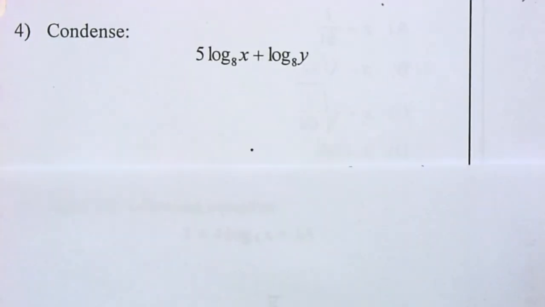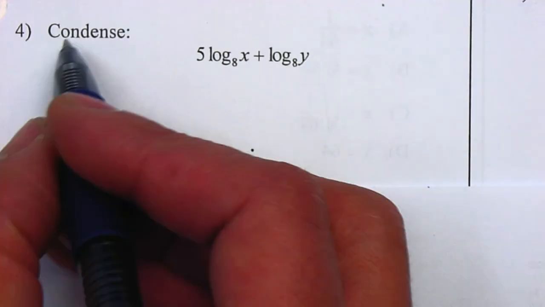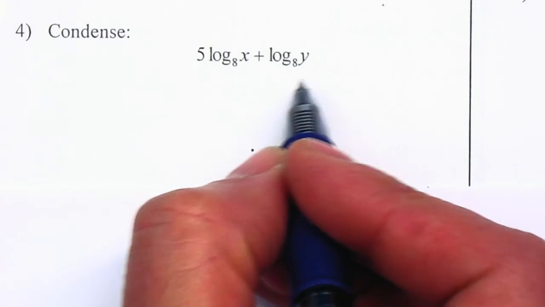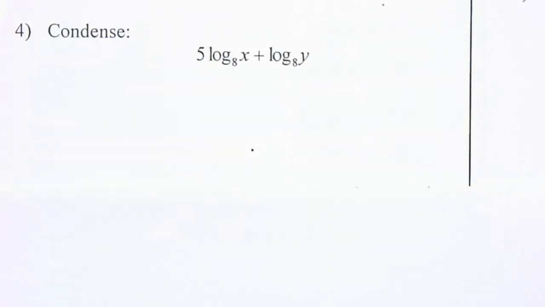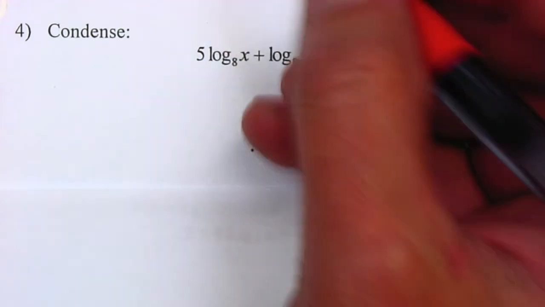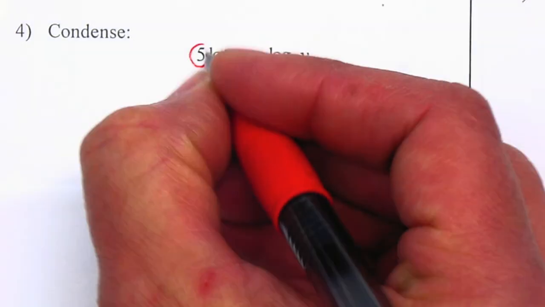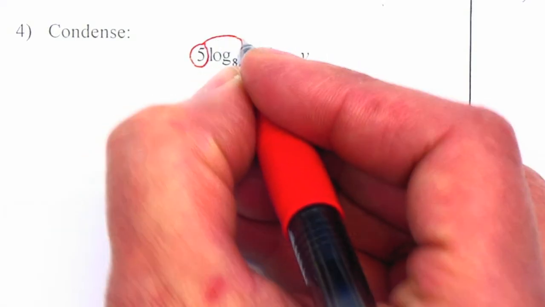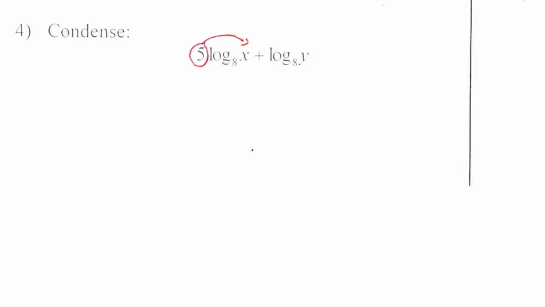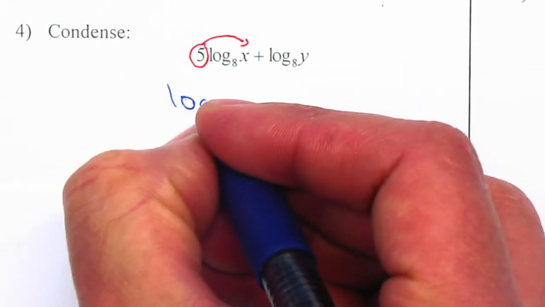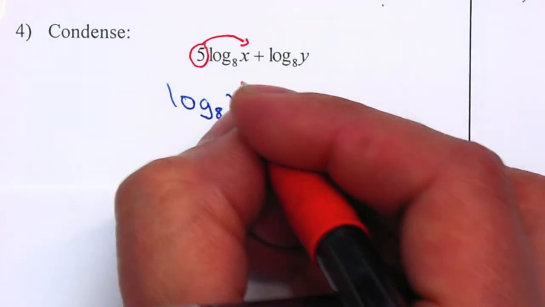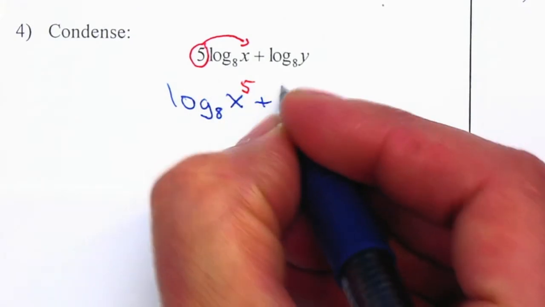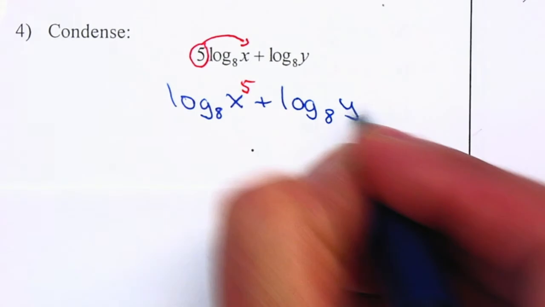On problem number 4, we need to be able to condense it. We have 2 logs. We need to condense it into 1 log. First thing, we're going to do the opposite from what we did before. We want to place our coefficients as exponents. So we'll have log base 8 of x to the 5th power plus log base 8 of y.